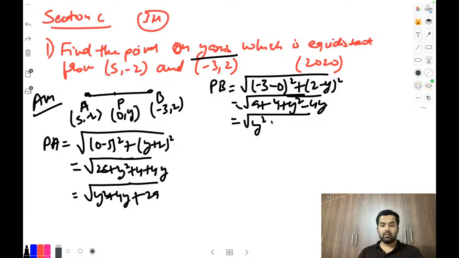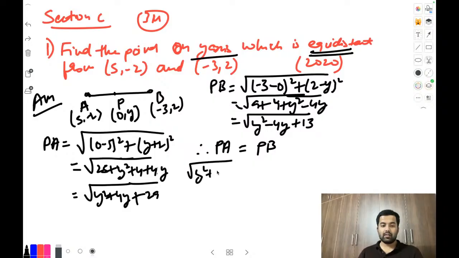And the final answer is y square minus 4y plus 13. Okay, now compare, because it is equidistant. So PA equal to PB, root under y square plus 4y plus 29, and this side y square minus 4y plus 13, and the root cancels.